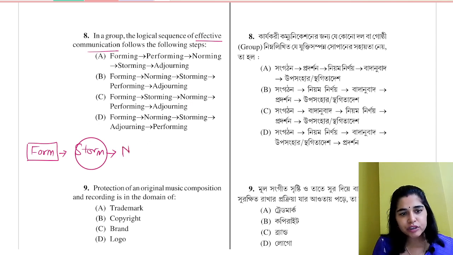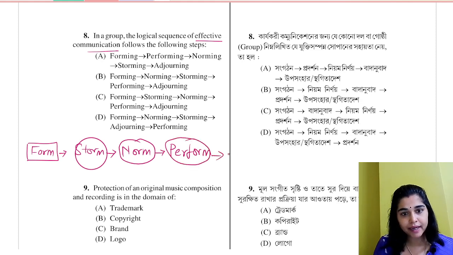After norming, we are going to normalize, calm down. And after calming down, you are going to do your job: performance. You all will perform. And what will be the end? Adjourn. What is adjourn? Adjourn is winning. You are going to win.